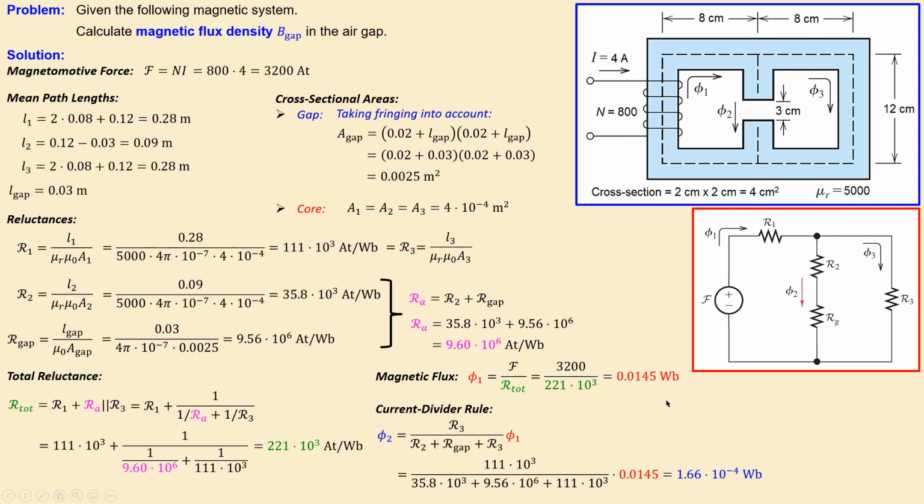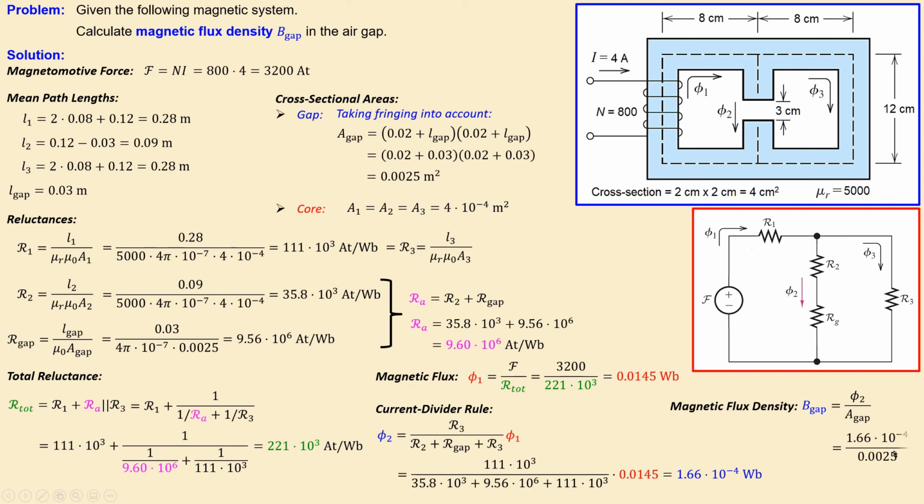Now we are very close to the final result, which is the magnetic flux density in the gap. We have the magnetic flux phi 2, which is also the magnetic flux in the gap. Now we can use the formula B is equal to phi over the area. B gap, that's what we want, equals phi 2, the magnetic flux in this branch, divided by the A gap, the cross-sectional area of the gap.